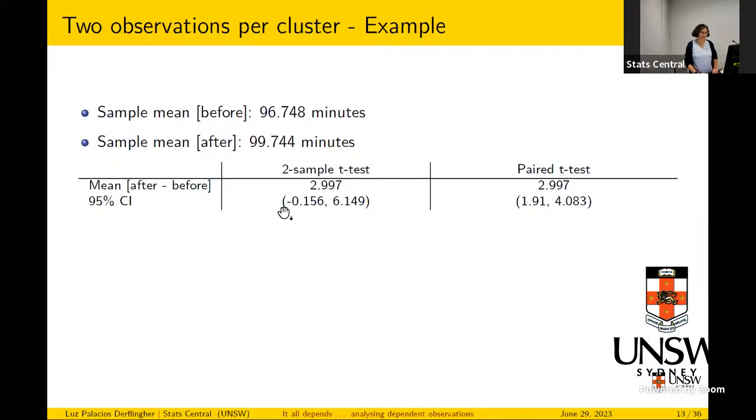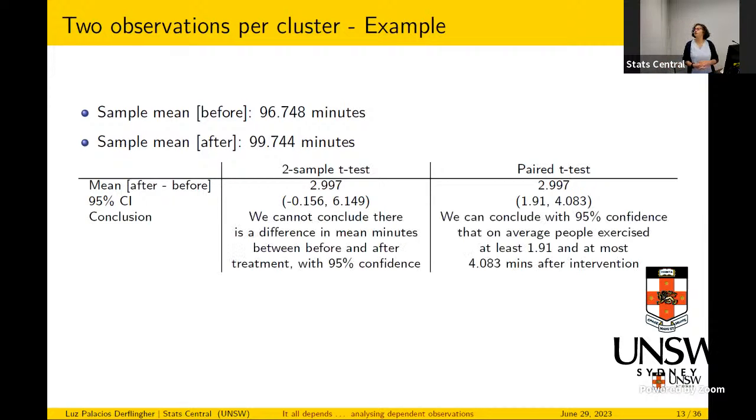In the 2 sample t-test, 0 is included in the confidence interval, and in the paired t-test, we don't have a 0. When we take the difference between 2 means and want to know if there's a difference, whether the difference is 0 or not is the value that we look at in a confidence interval, right?